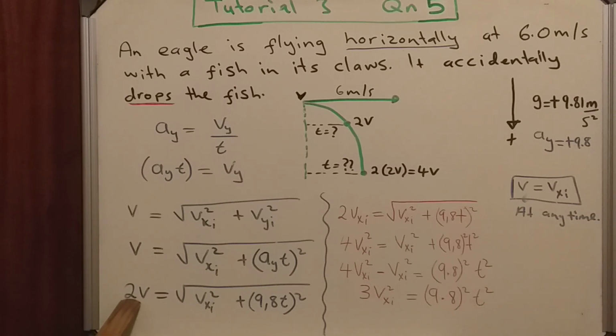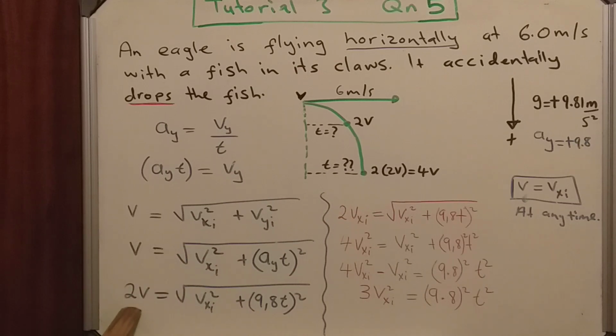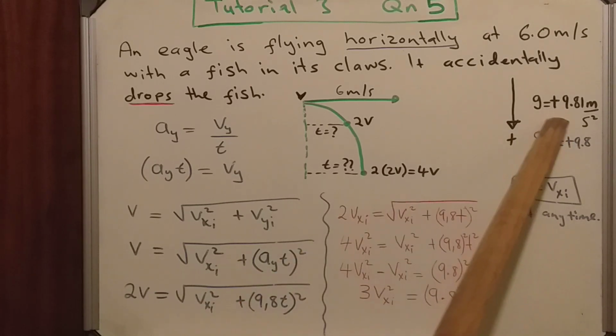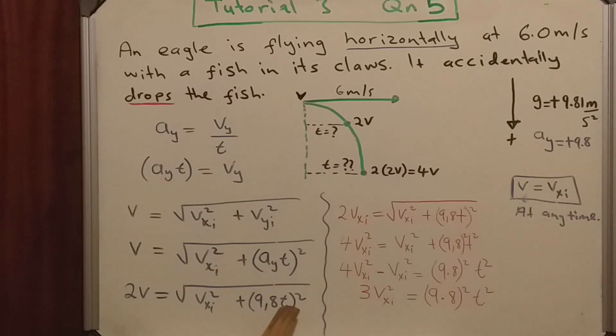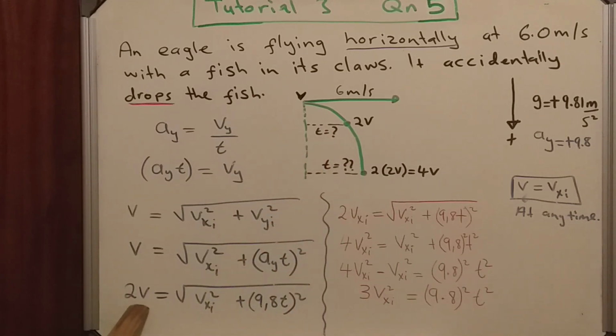So we want to double the speed, which means it's going to be 2v. This is the speed of the fish. Now 2v is equal to the square root of the x component squared plus the y component squared, written in a different way: acceleration in the y, which is 9.8, multiplied by the time taken. That is what we are looking for. So where there is v, you just replace it with Vxi.